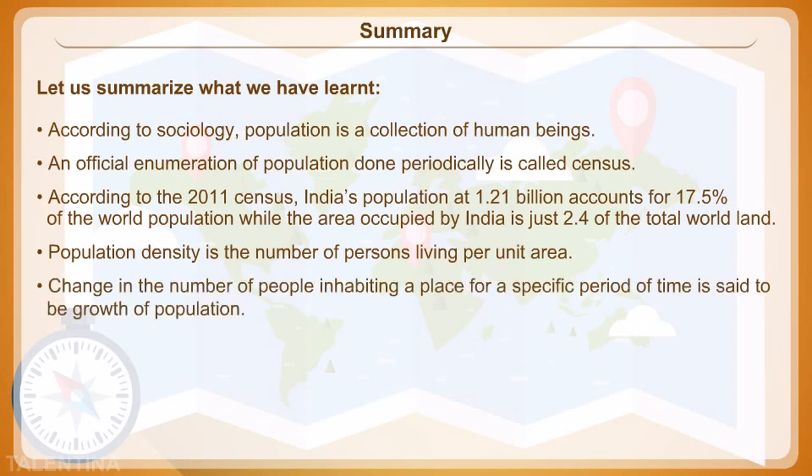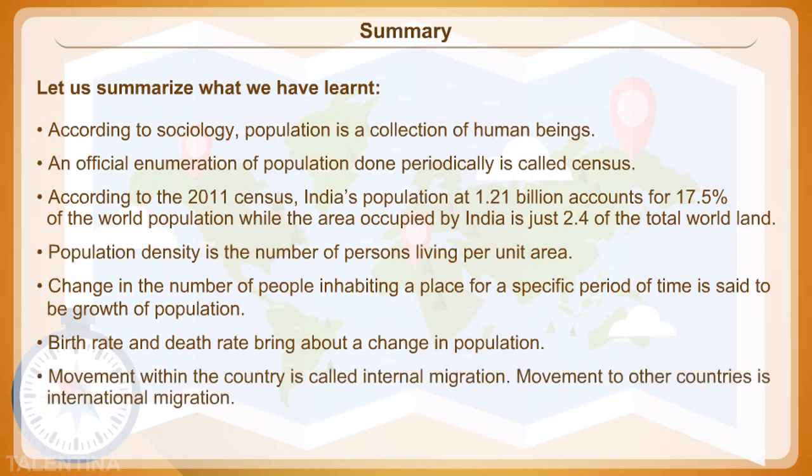Change in the number of people inhabiting a place for a specific period of time is said to be growth of population. Birth rate and death rate bring about a change in population. Movement within the country is called internal migration. Movement to other countries is international migration.